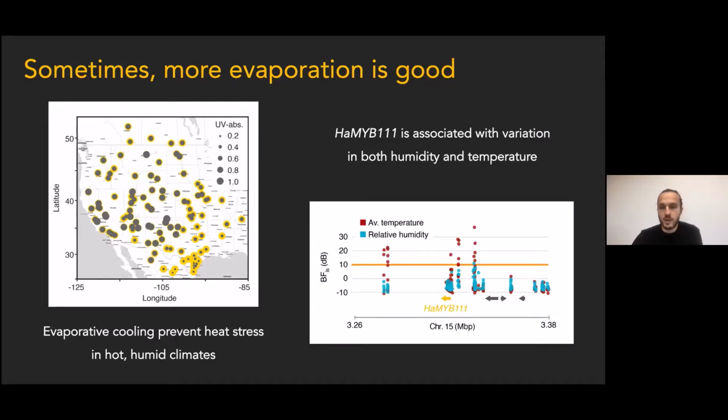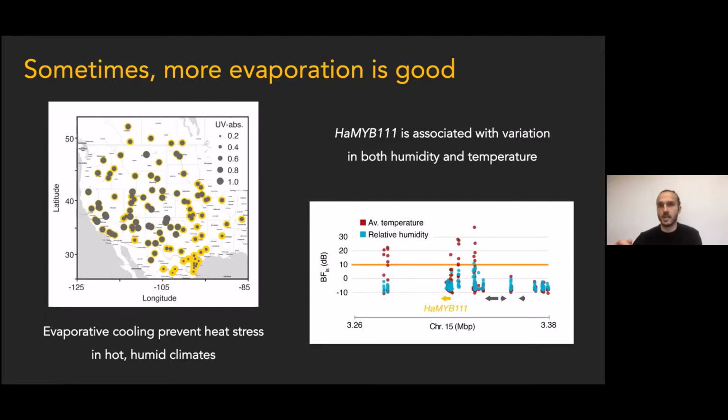And indeed, we found indication that both temperature and relative humidity could be important drivers of variation for this trait, because when we do the GEA, so GEA is pretty much like a GWAS, if you're not familiar. It stands for Genotype Environment Association.